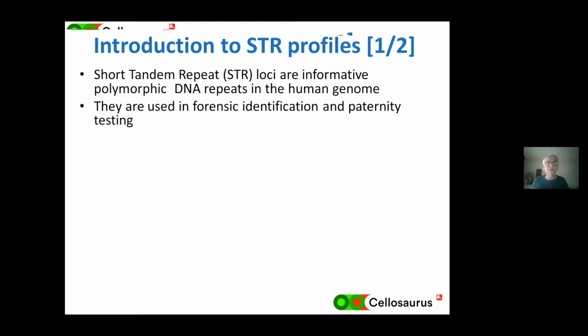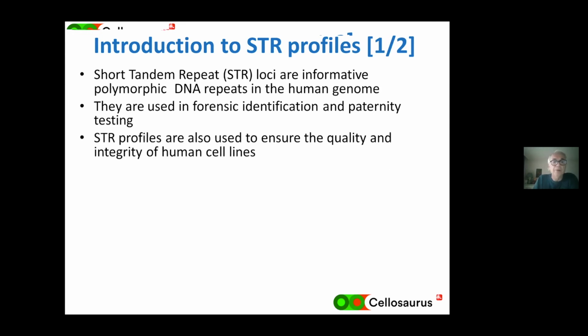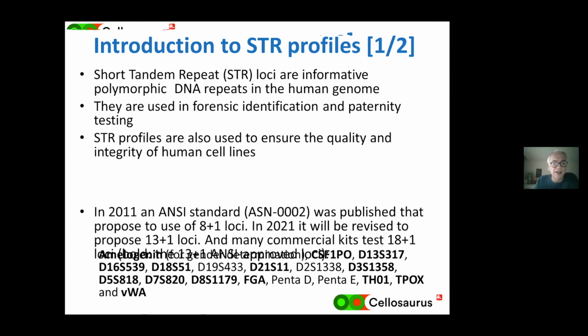So all those movies or series where you see people trying to identify someone using DNA are based on STR profiling. But they can also be used for quality and integrity of human cell line.